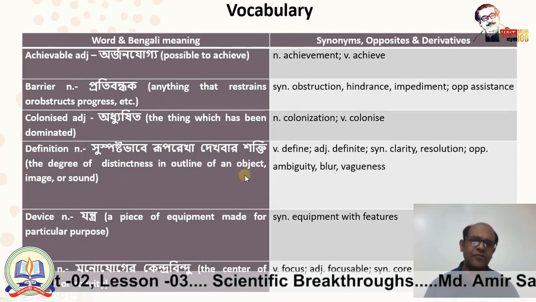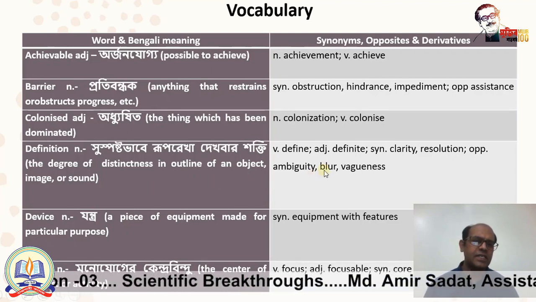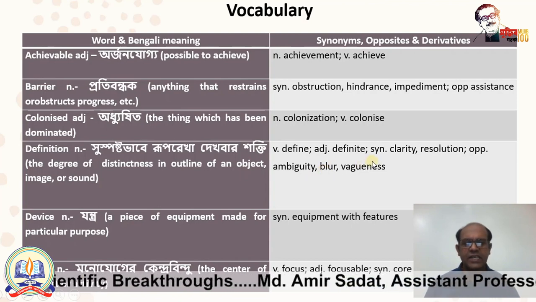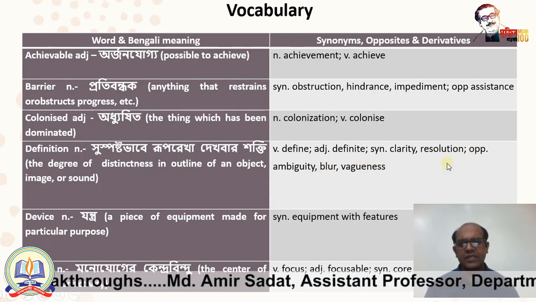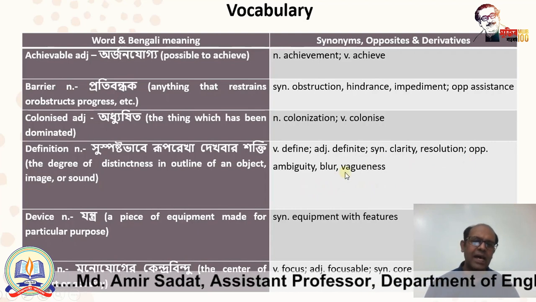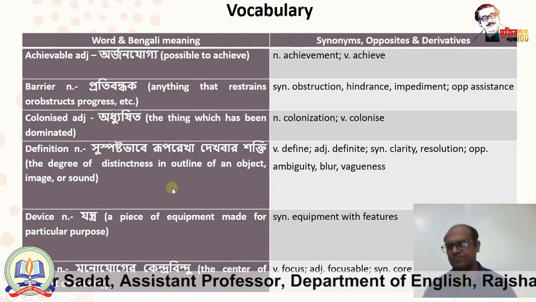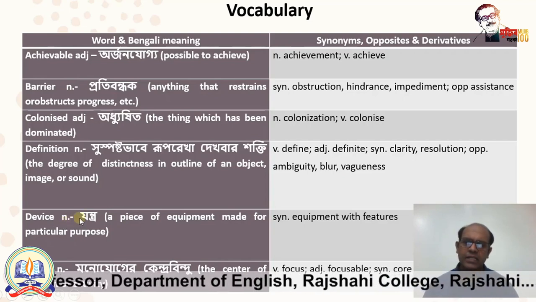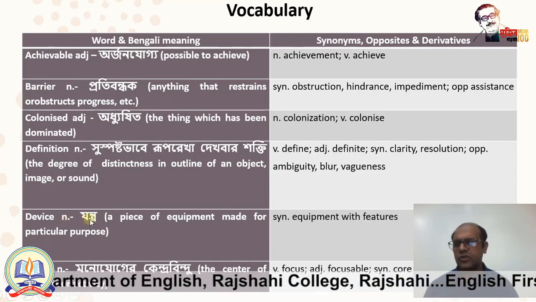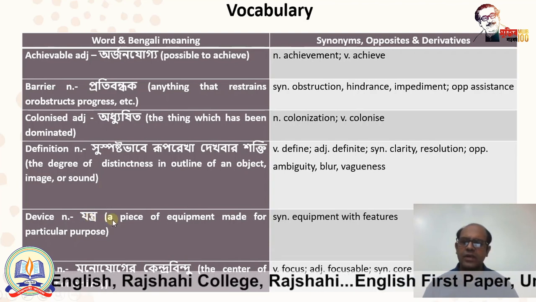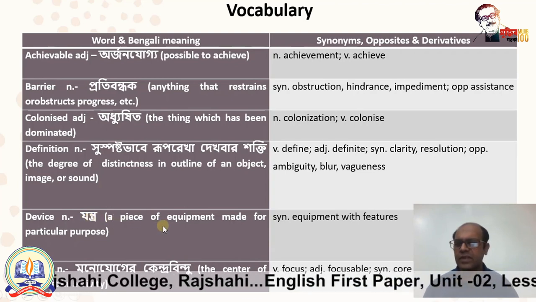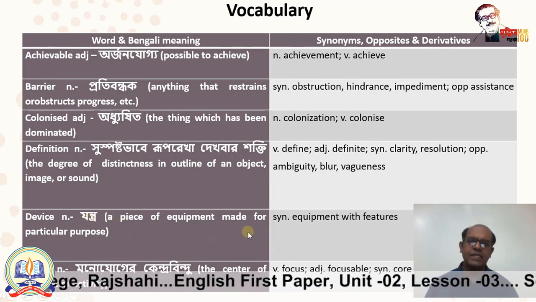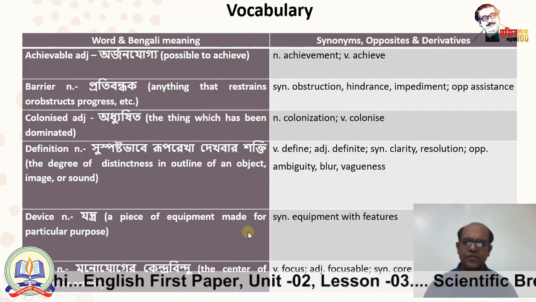Its verb is define, adjective definite, synonym clarity, resolution, and antonym is ambiguity, blur, or vagueness. Device is a noun. Its Bengali meaning is jantro, a piece of equipment made for a particular purpose, and its synonym is equipment with features.